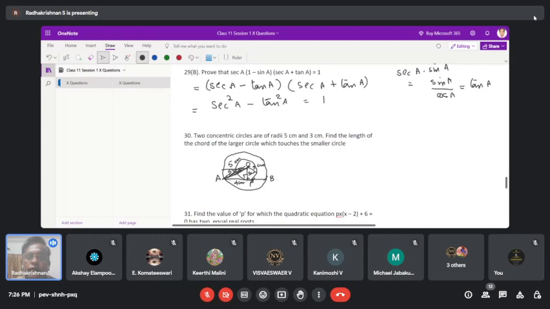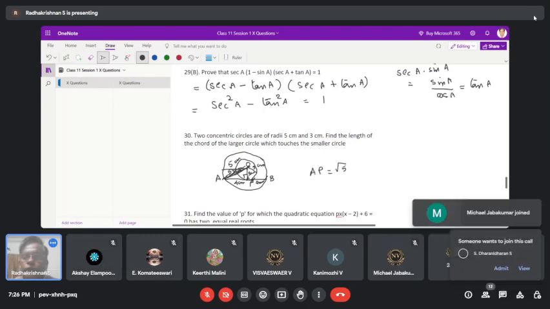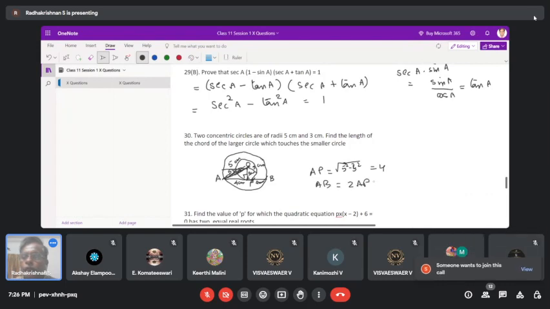So half of the length is 4 centimeter, and the other half is 4 centimeter. So 8 centimeter is the answer.